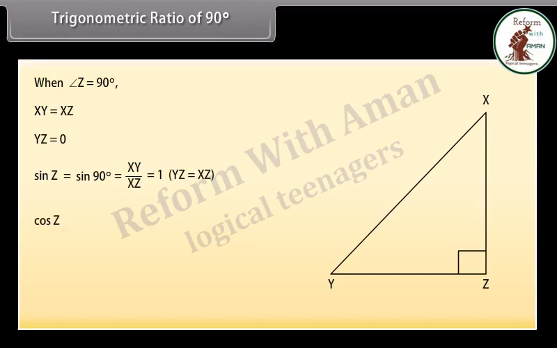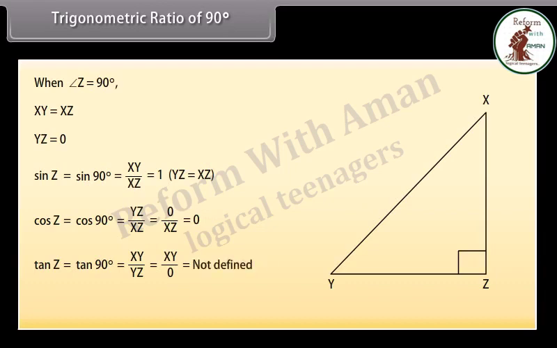Cos Z is equal to cos 90 degree, which equals YZ upon XZ, is equal to 0 upon XZ, which equals 0. Tan Z is equal to tan 90 degree, which is equal to XY upon YZ, equals XY upon 0. Therefore, tan 90 degree is undefined.